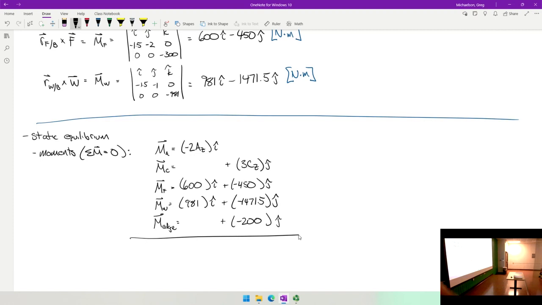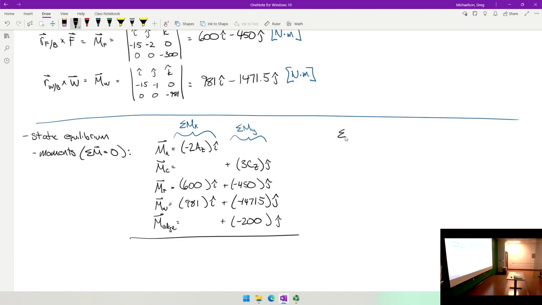You just add it to all the other moments that you've already computed. So now we can recognize that this column of values is the sum of the moments about the x-axis, and this column is the sum of the moments about the y.